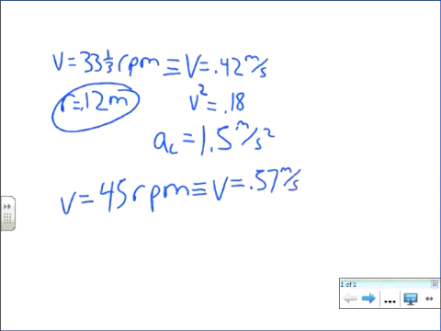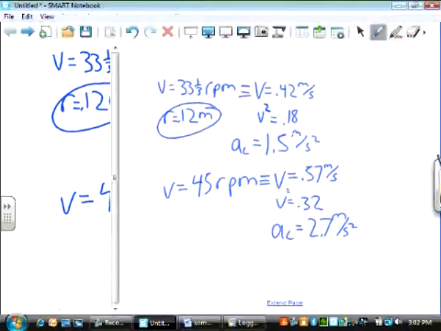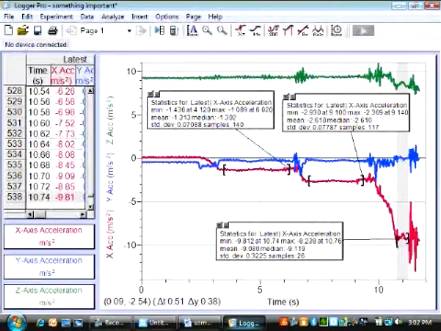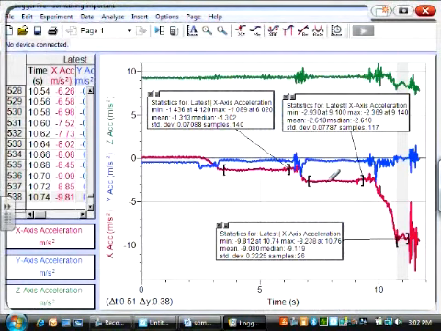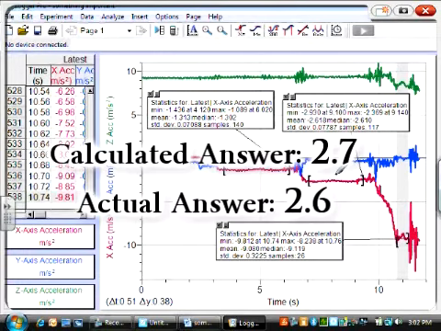And again, we squared that, which gave us 0.32, and divided that by our radius, and we get that the centripetal acceleration this time was 2.7 meters per second squared. And again, if we look on our graph, the second plateau is right about here, and as you can see, our centripetal acceleration was about 2.6, which is, again, even closer. And that only proves that our calculations worked.